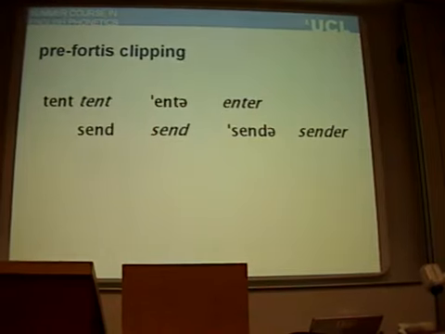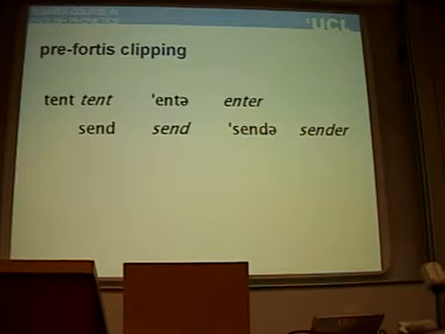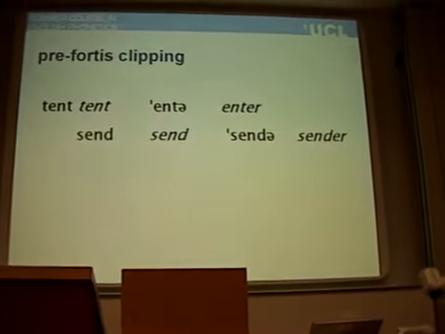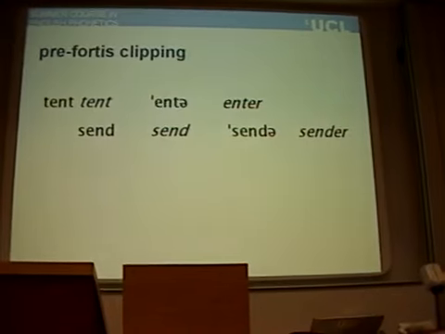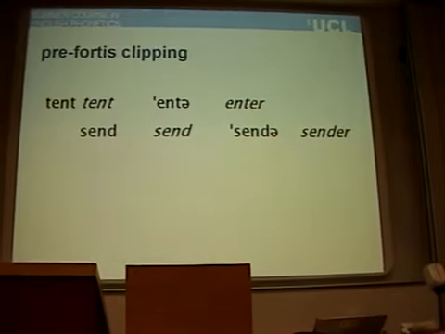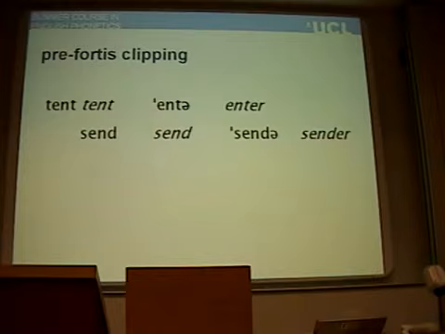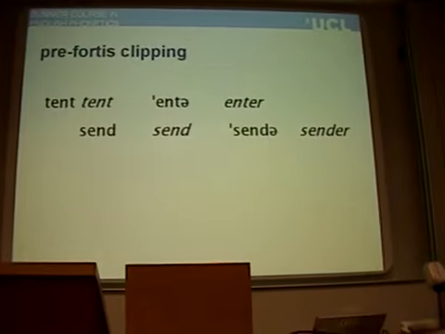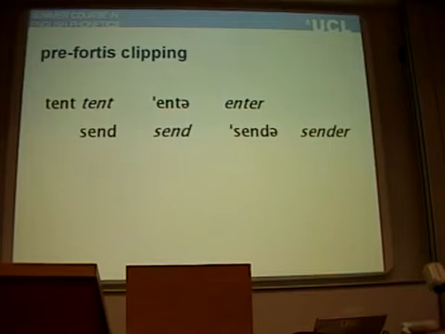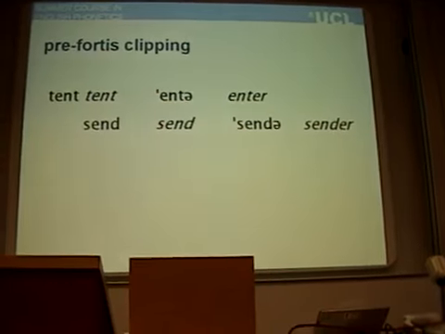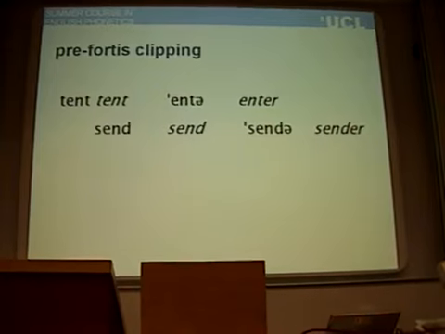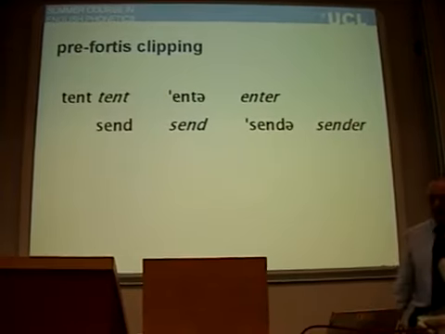Now, not many people seem to share this belief, but if we want to account for the allophones used in English, the shortened allophone before T, then it seems to be helpful to say the T is in the same syllable. If the T is clearly in a different syllable, as when the time is 10 to 3, then you don't get pre-fortis clipping. But in words like enter or centre, you do.